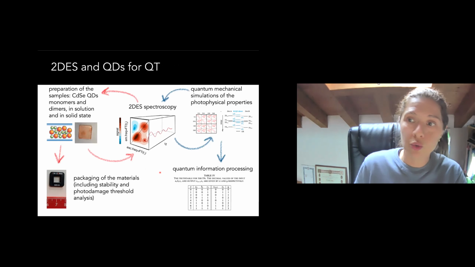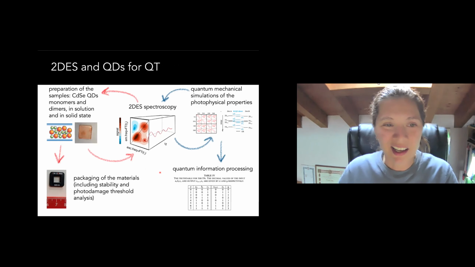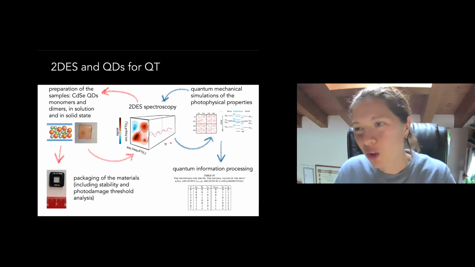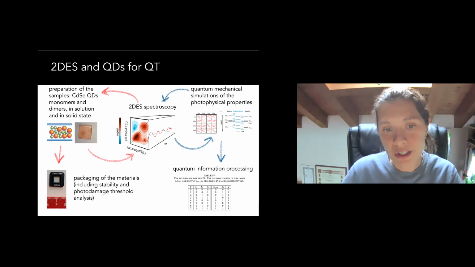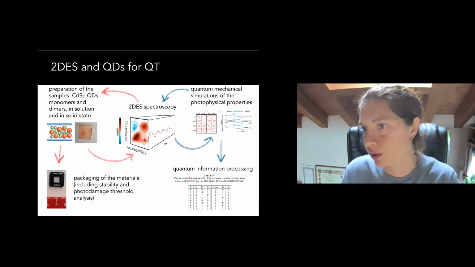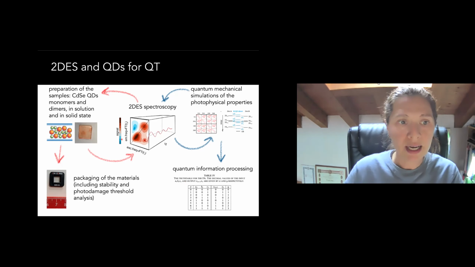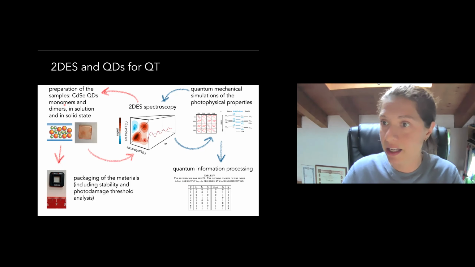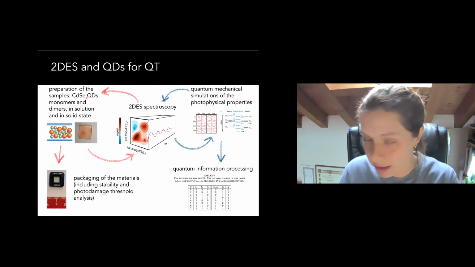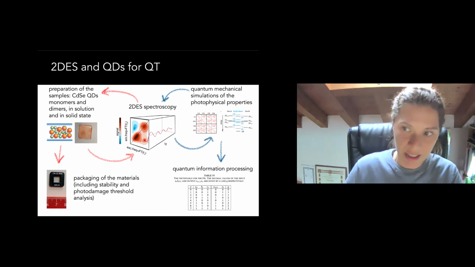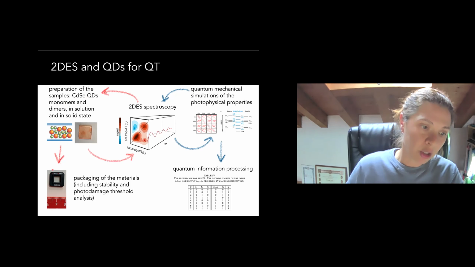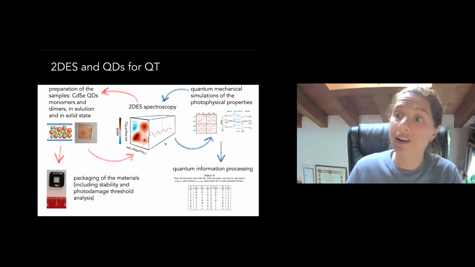Just to spoil what is going to be the final message of my talk today, this is how we mean to apply 2D spectroscopy for quantum technology applications. We started from material science engineering, and we design and prepare quantum dot-based solid-state materials that we cast in a solid-state form and include in the form of real devices.